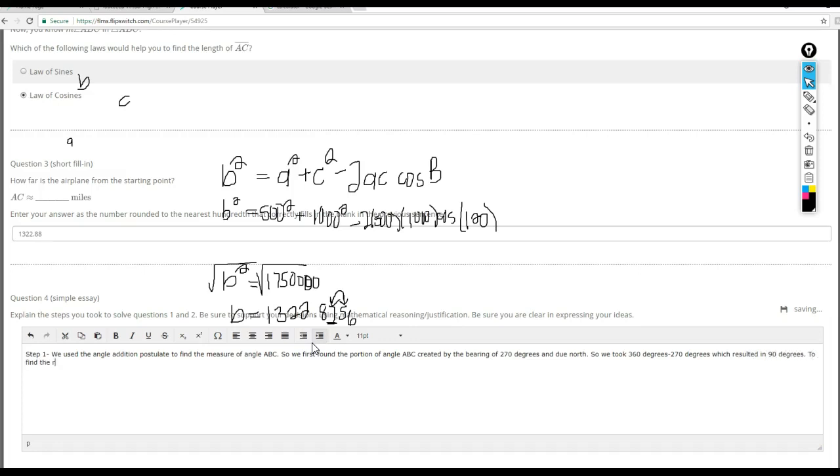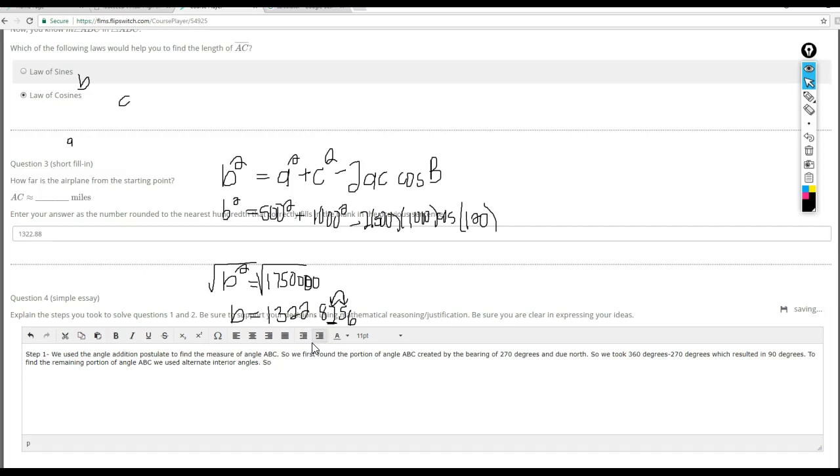To find the remaining portion of angle ABC, we used alternate interior angles.